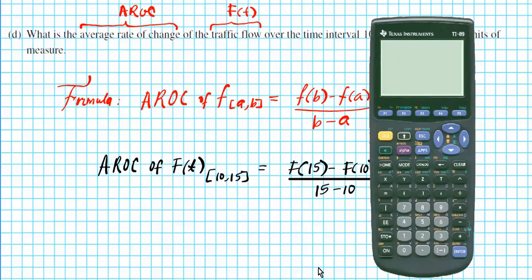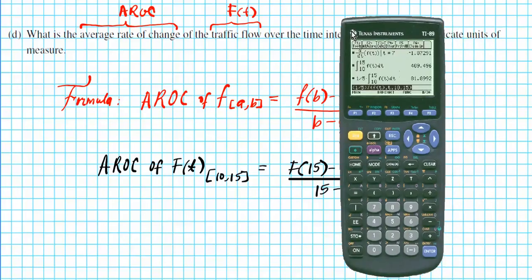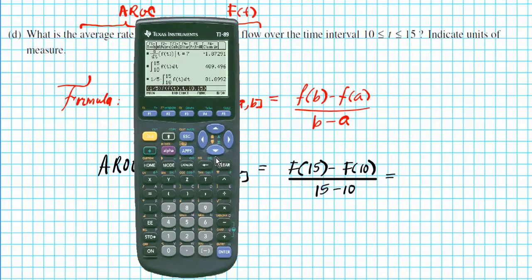Since we already have f stored in our calculator, we're going to take advantage of that so we don't waste time. So this is what we're going to do. Parenthesis f of 15, close that, minus f of 10, close.